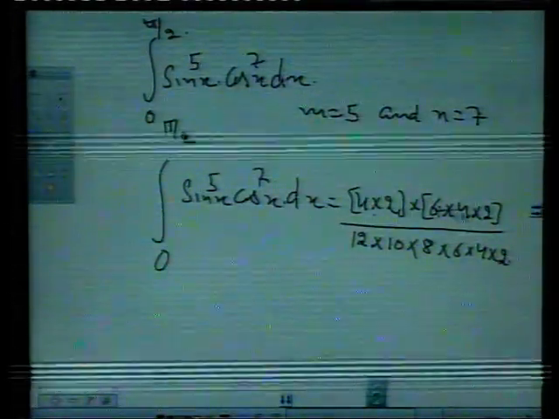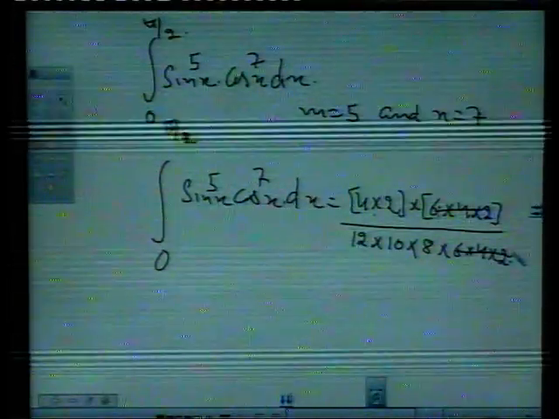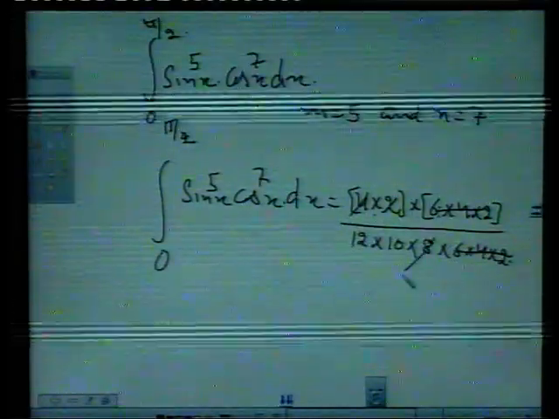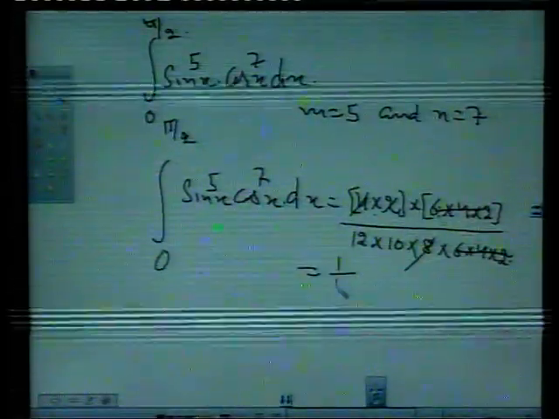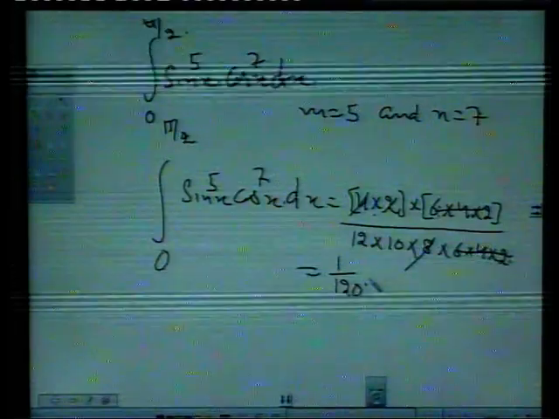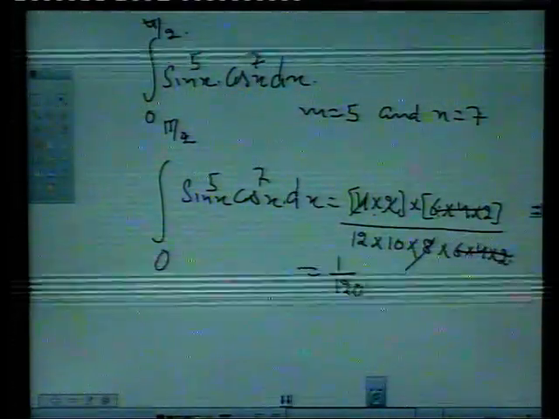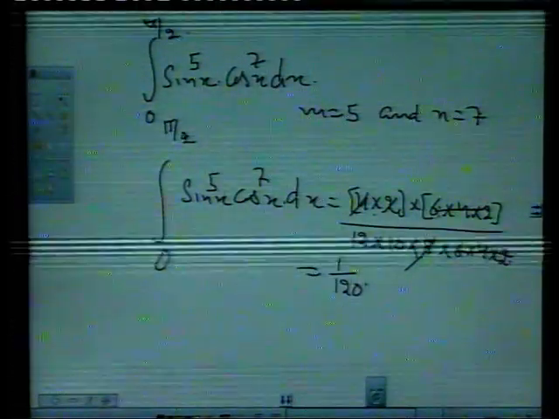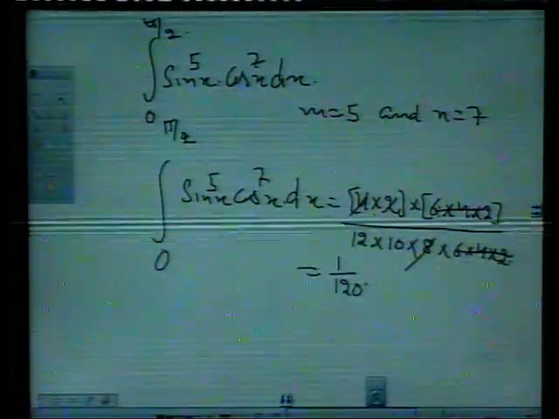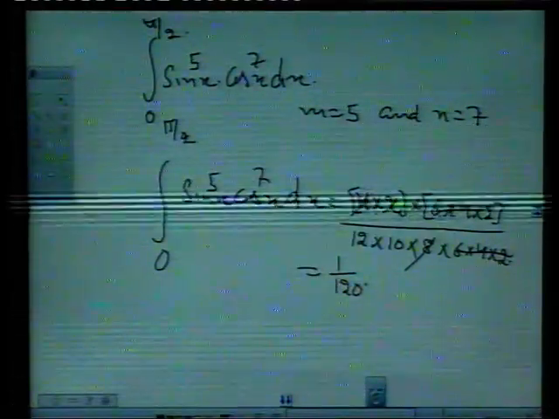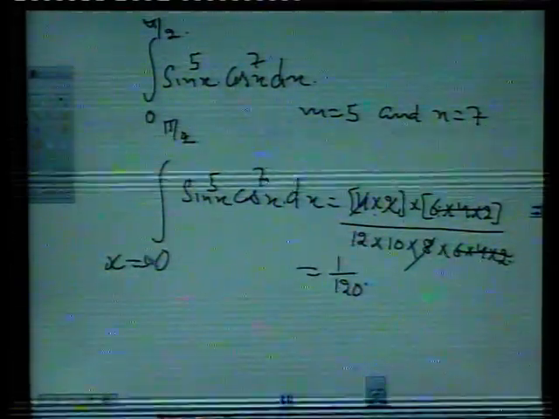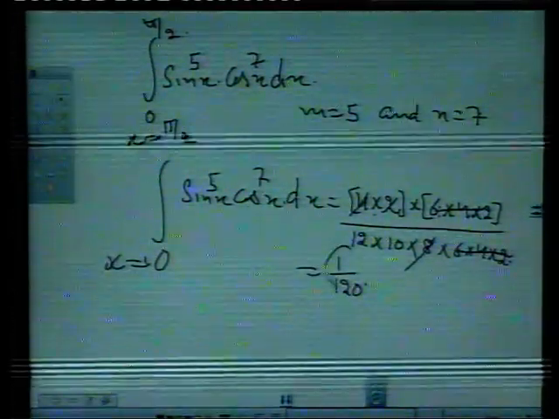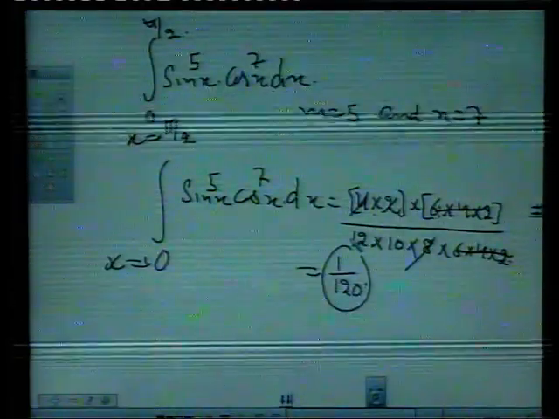This 6 4 2 gets cancelled with this 6 4 2, and 2 into 4 is 8. So the answer is 1 upon 120. So the integration of sine raised to power 5x and cos x raised to power 7 between the limits x is equal to 0 to x is equal to pi by 2 is 1 upon 120.